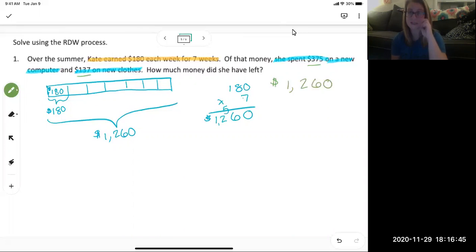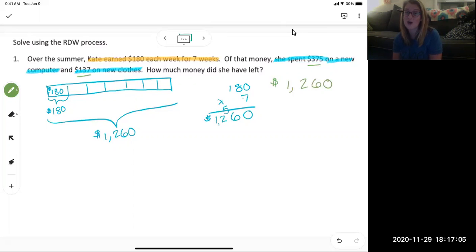Now we can approach this 2 different ways. We can add both of these amounts together and then subtract that from 1,260, or we can subtract each amount separately. Now, I think that adding is easier than subtracting. So I want to subtract as little as I possibly have to.